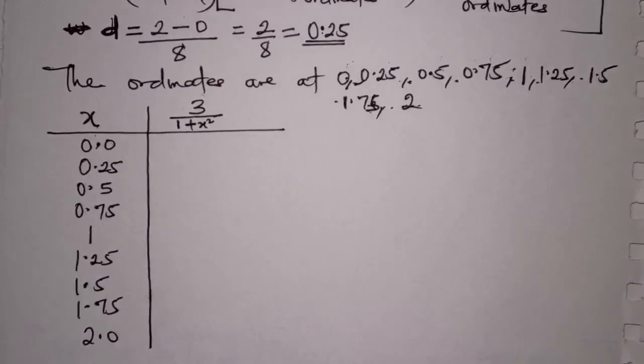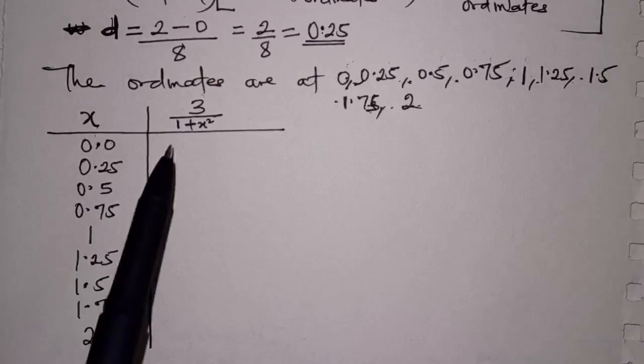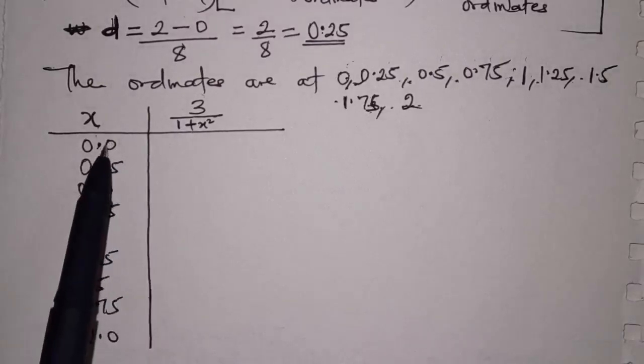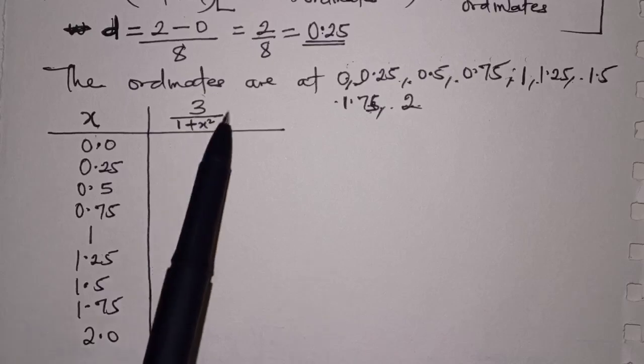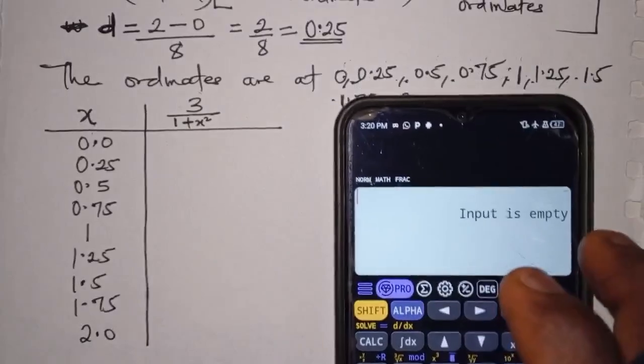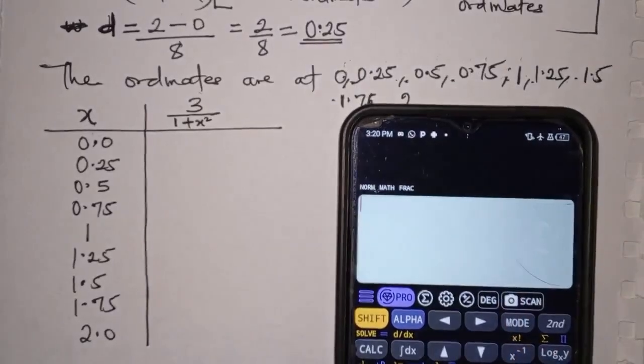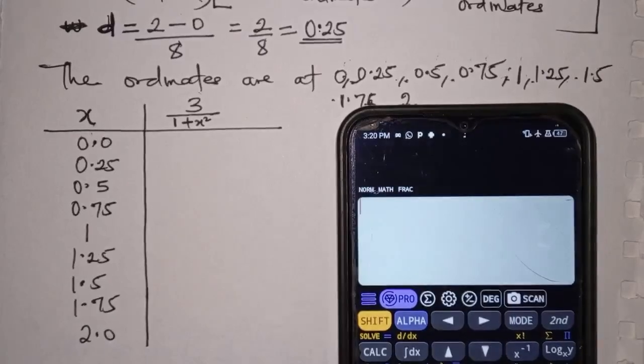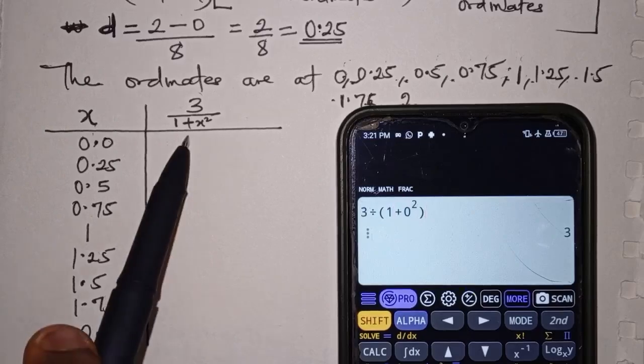So what we have to do now is to plug in each of these values for x here and simplify. For example, I'm going to set up that computation on my calculator. I have 3 divided by, open a bracket, 1 plus, let's start with the first one, 0 squared. That's 3, so here I'll be writing 3.